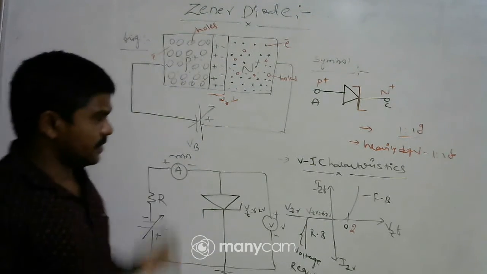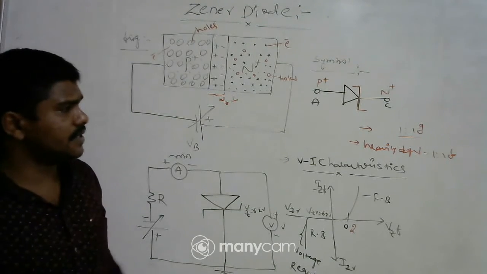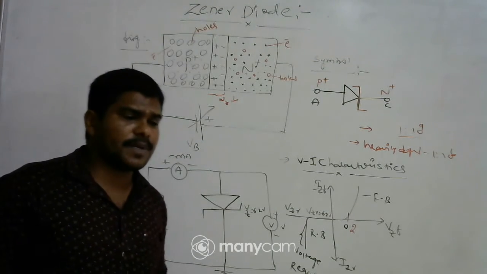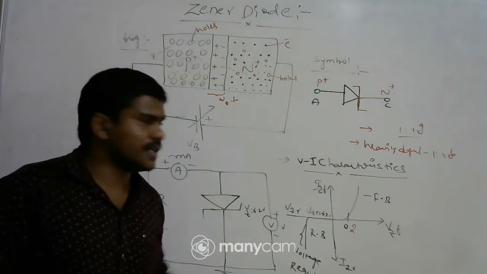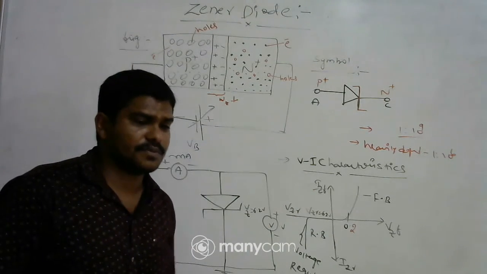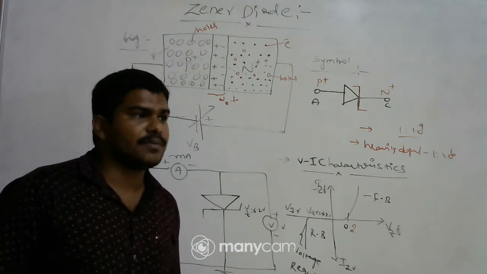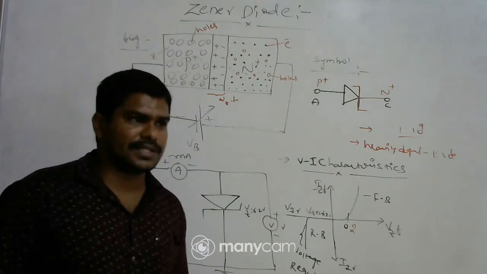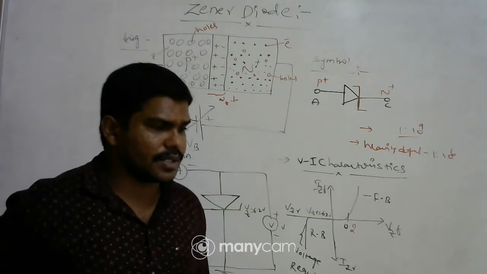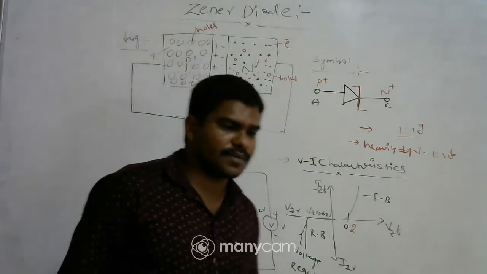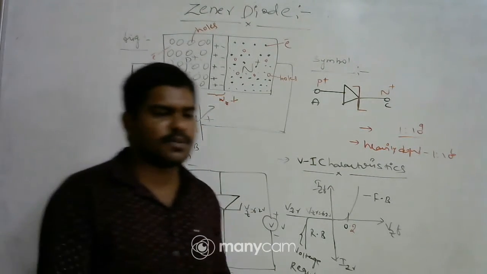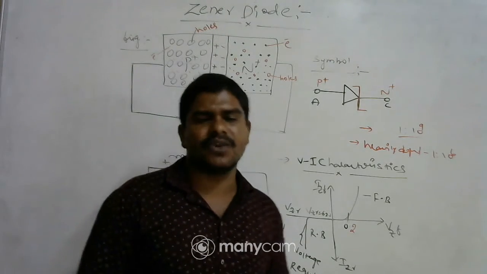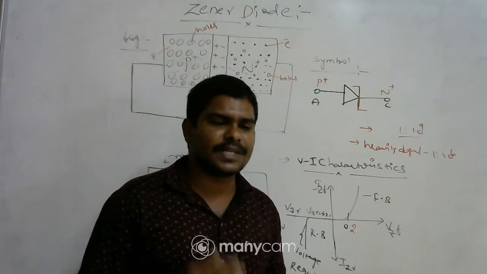Generally we use the Zener diode for stabilizer purposes, because it regulates the voltage while the current increases, maintaining a constant voltage. A stabilizer or regulator means that if your source voltage is higher, the device voltage stays constant; that is called a voltage regulator.